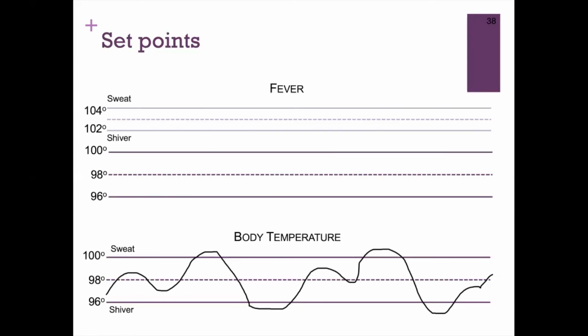So we say, you know what, instead of operating around 98 degrees, I want to be operating around 103 degrees, because I know if I do this, it will kill off anything that is trying to attack the body.